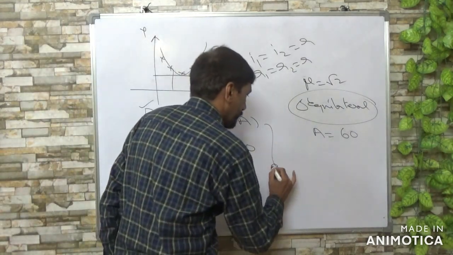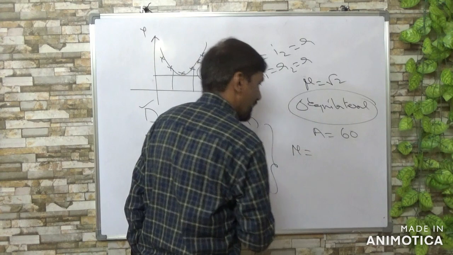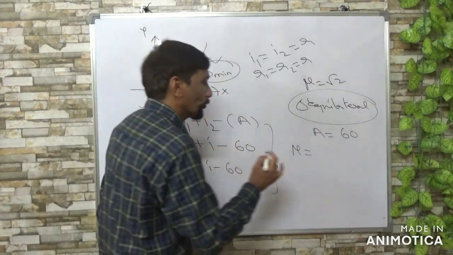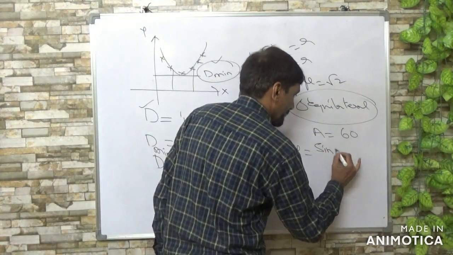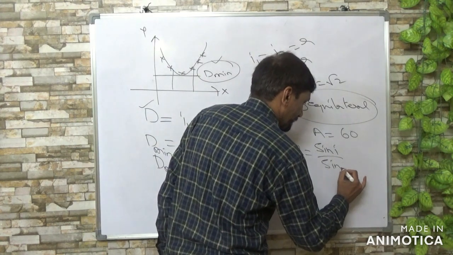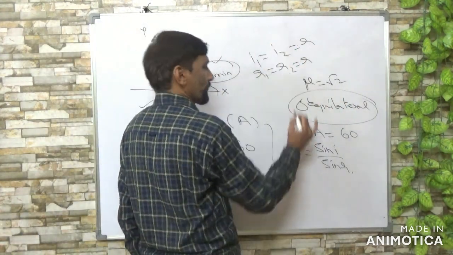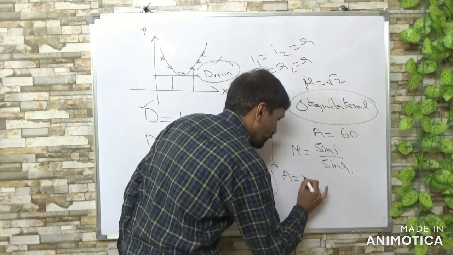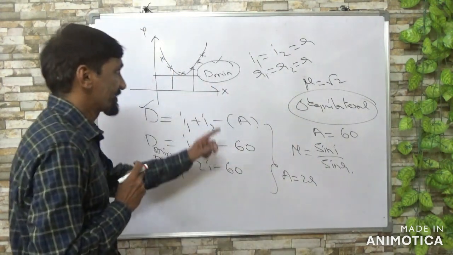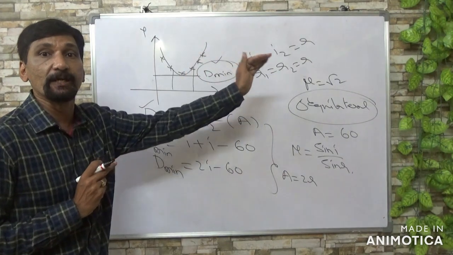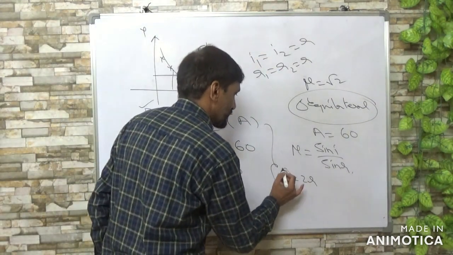Okay, so you know according to Snell's law, we know mu equal to sin I by sin R. Right? So it is an equilateral prism. So you know A equal to 2R, because it is adjusted in minimum deviated position. This is 60.